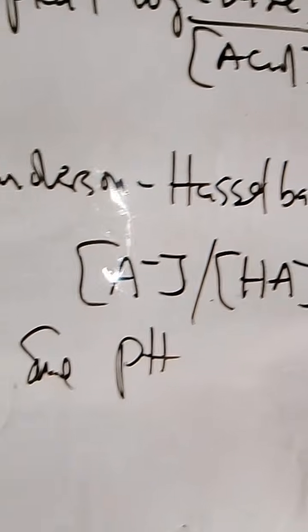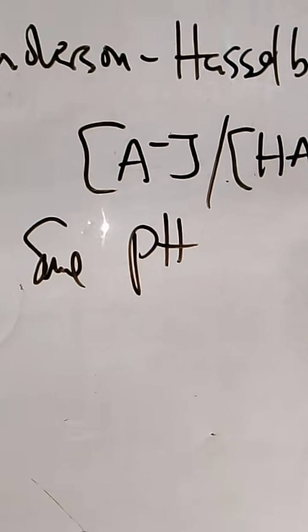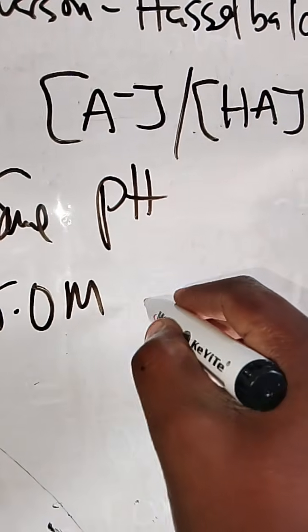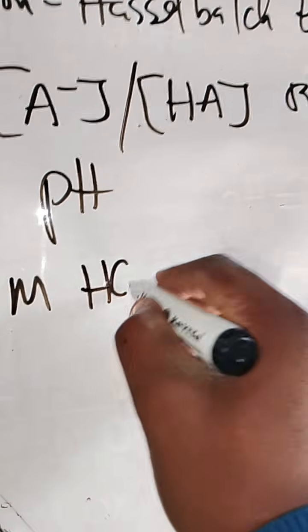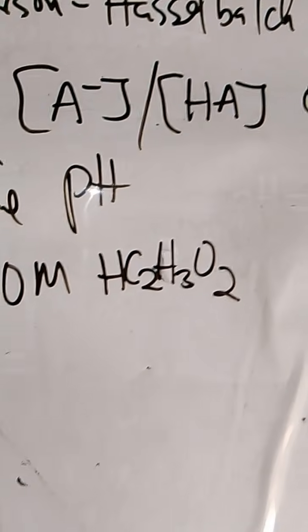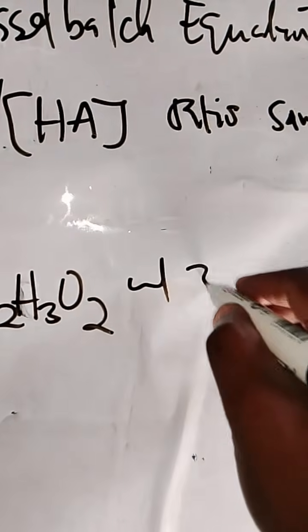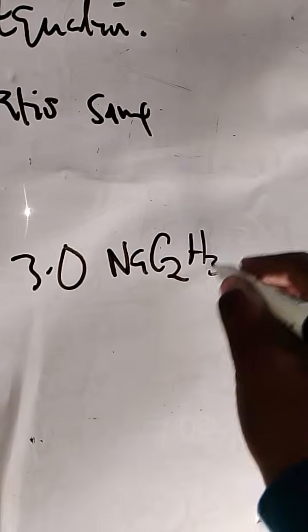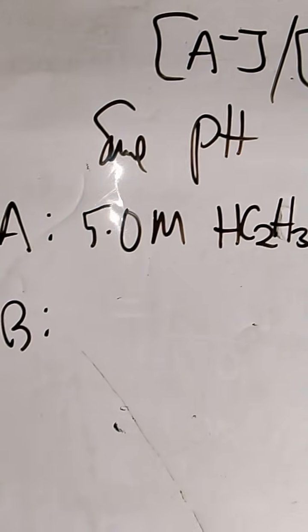Suppose we have a buffered solution A with 5.0 molar acetic acid and 3.0 molar sodium acetate.